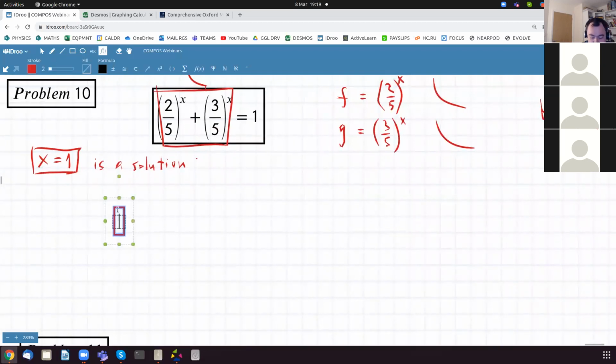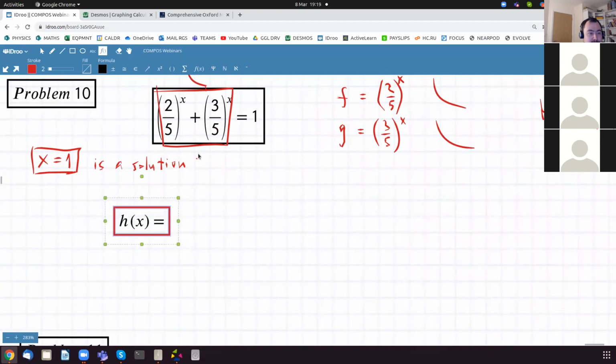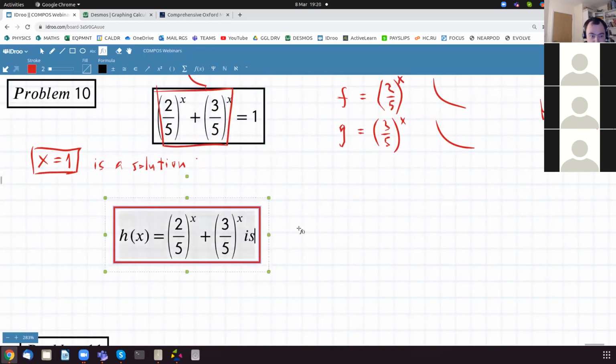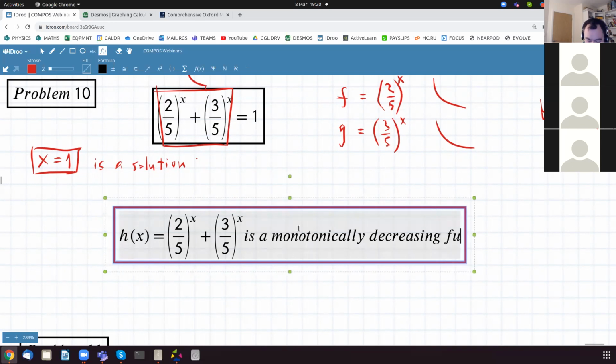So we write h of x is equal to 2/5 to the x plus 3/5 to the x is a monotonically decreasing function. Why am I doing this?